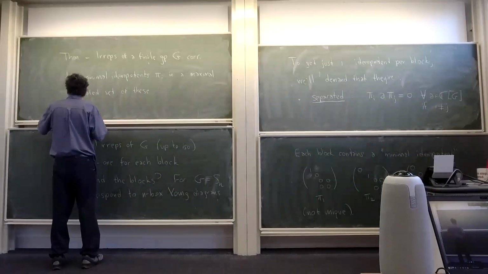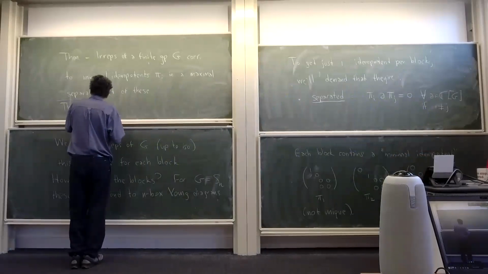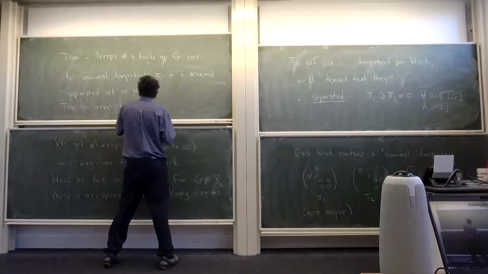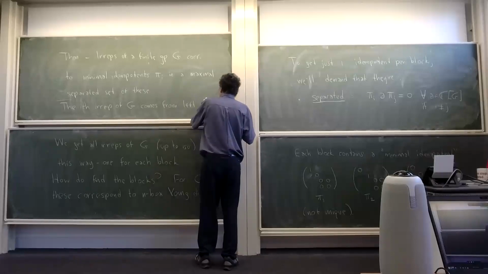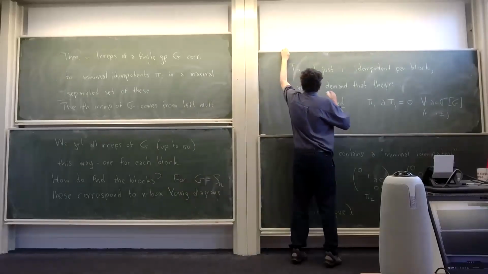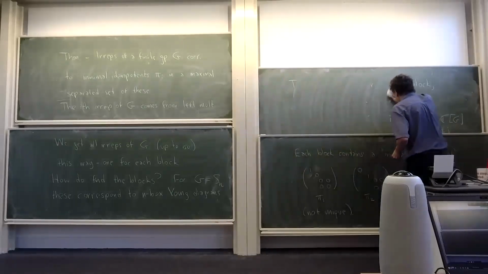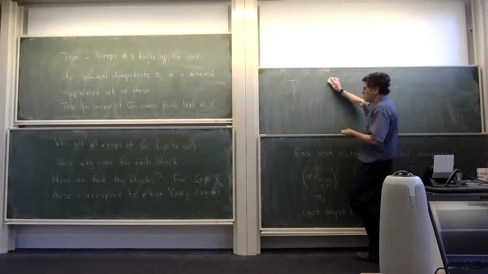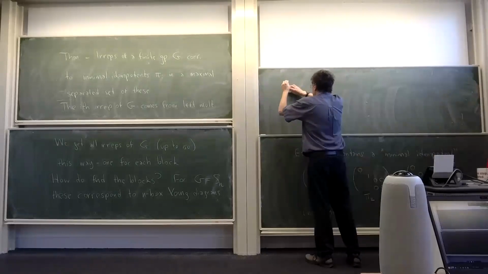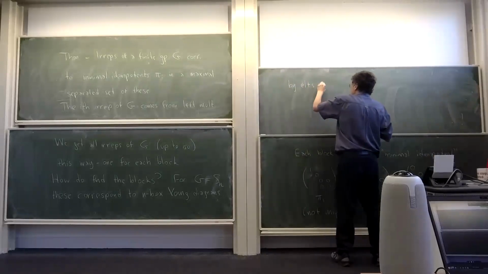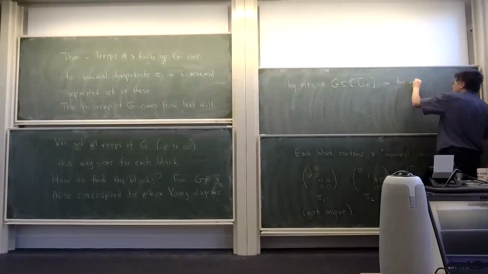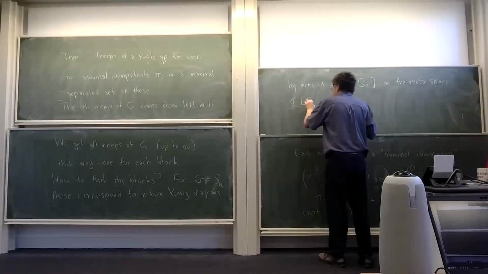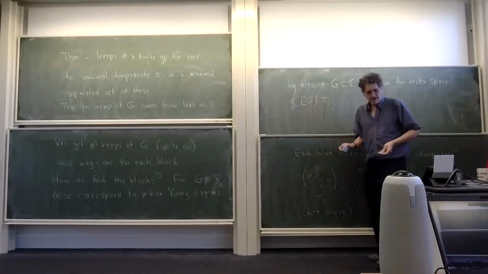So the I-th irrep of G comes from left multiplying on a certain vector space that we can build up out of our group algebra and the idempotent, namely left multiplication by elements of G, which remember are in this group algebra, on this vector space we get, which is this: you take your group algebra and you multiply it on the right by the idempotent.